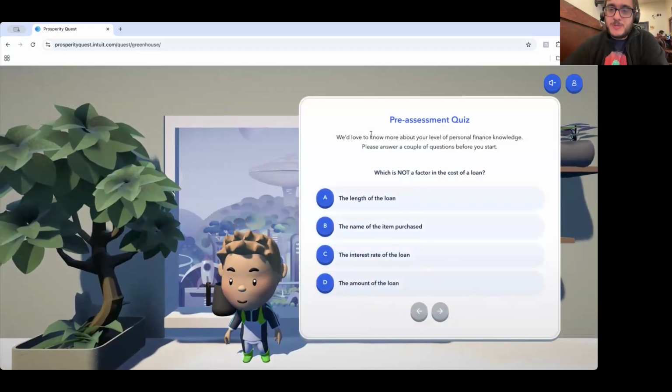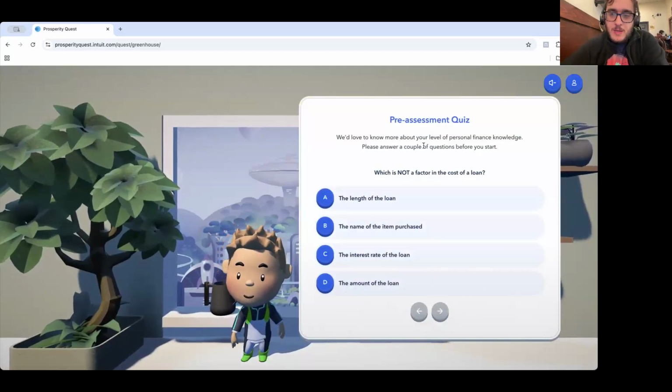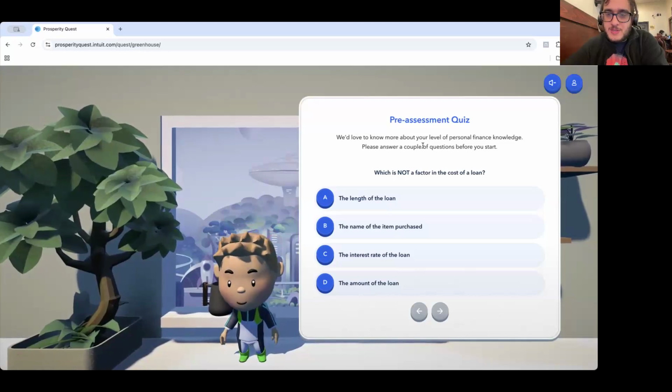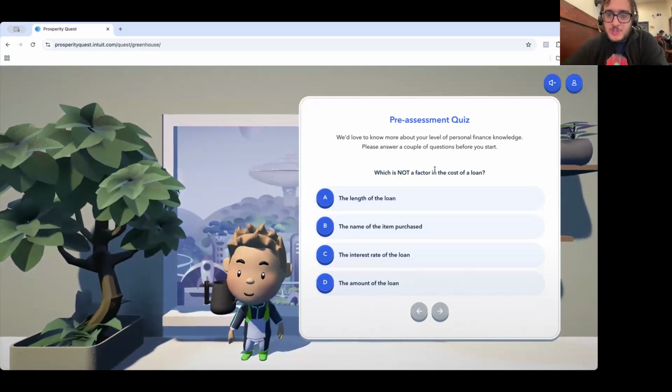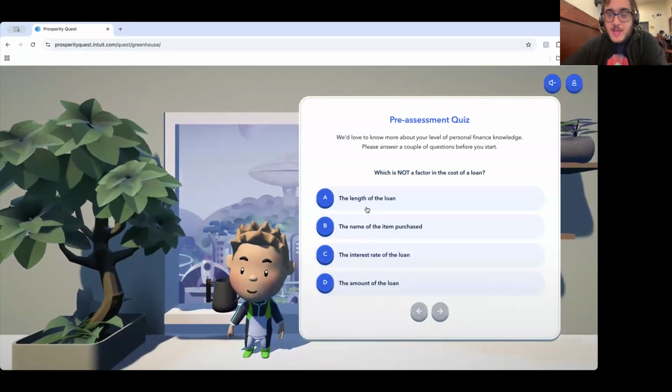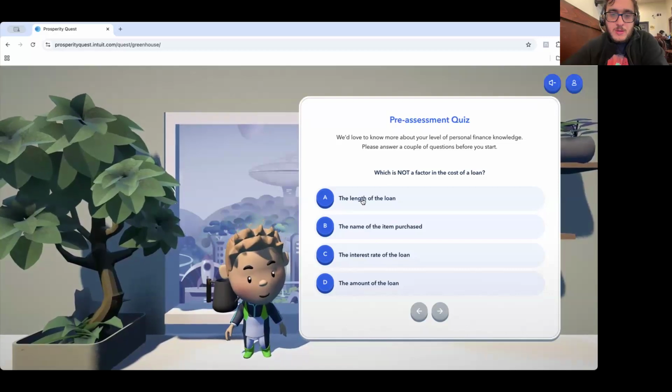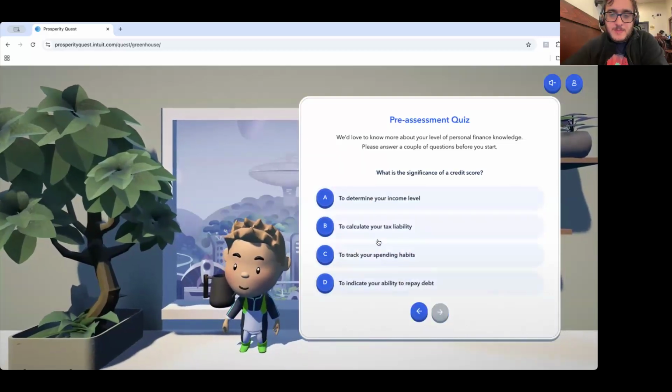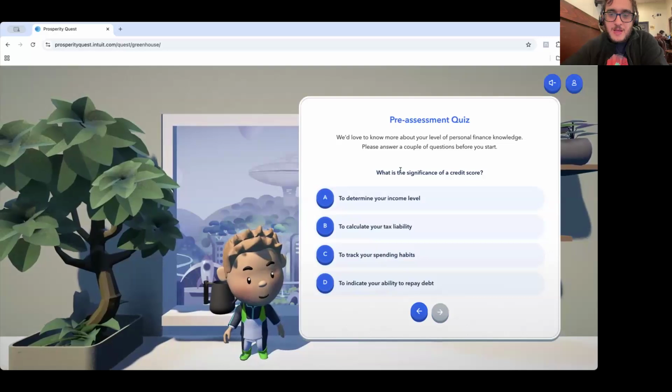There's also a pre-assessment quiz before the game. We'd love to learn more about your financial level of knowledge. Please answer a couple of questions, such as which is not a factor of the cost of a loan. I can answer correctly or wrong on this. What is the significance of a credit score?